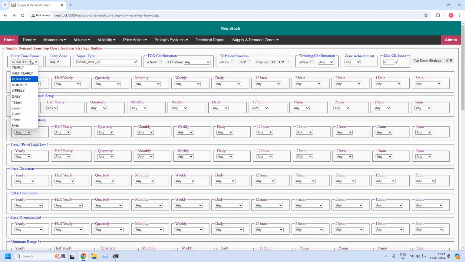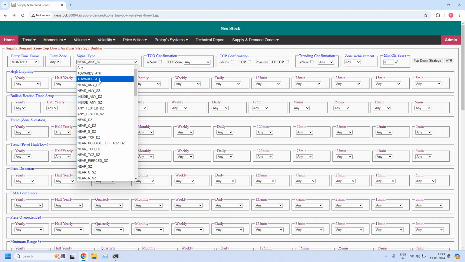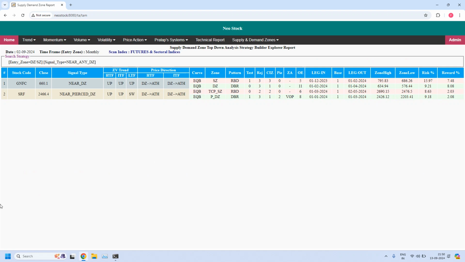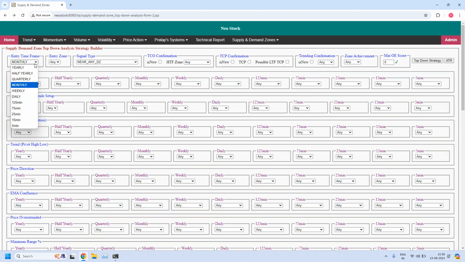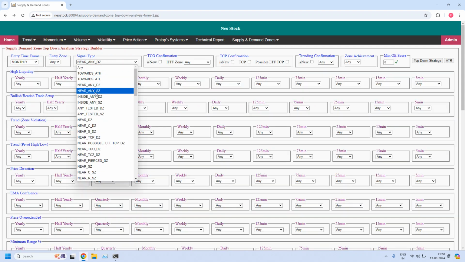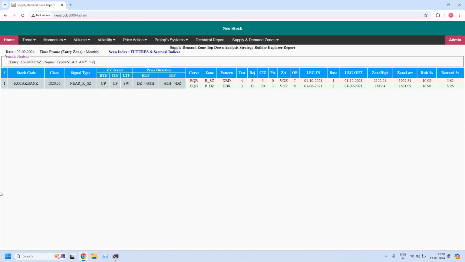Next time frame is monthly. Let us find the stocks near monthly demand zone. Two stocks are filtered. Next, for monthly time frame, let us find the stocks near monthly supply zone. One stock is filtered.